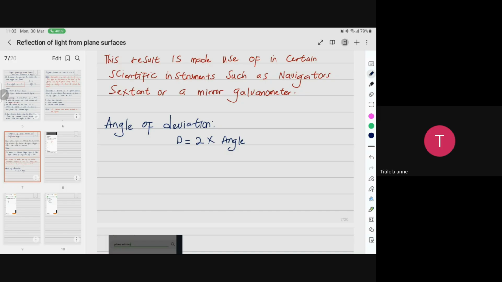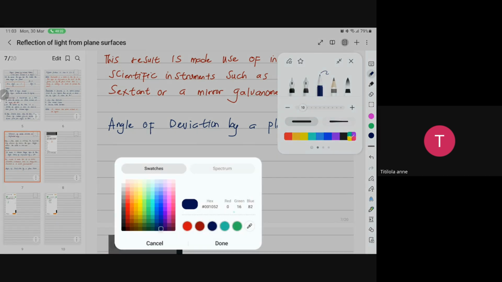Sorry, let me complete it. Angle of deviation by a plane mirror.